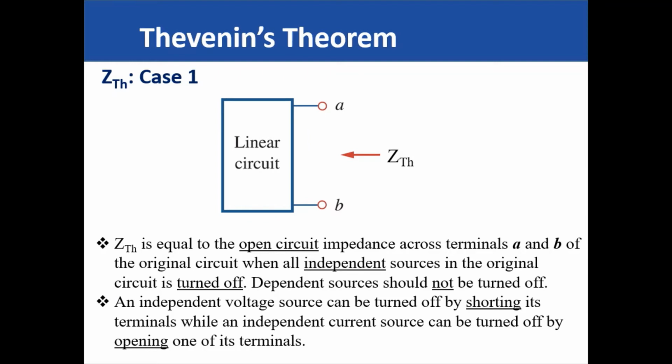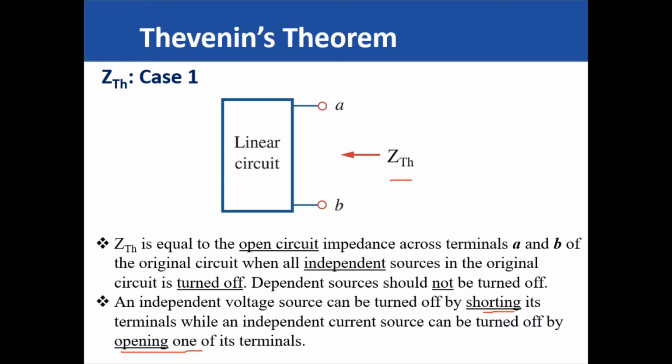For ZTH, this is in general the impedance across the open terminals if the independent sources inside the linear circuit are disabled. When we say disable the independent sources, that means that for a voltage source, we need to short the terminals, and for a current source, we need to open the terminals.